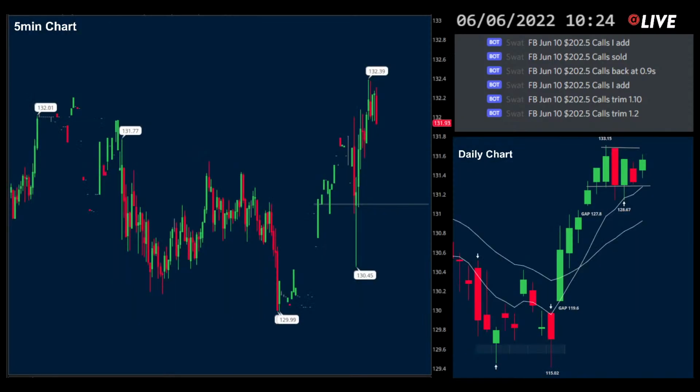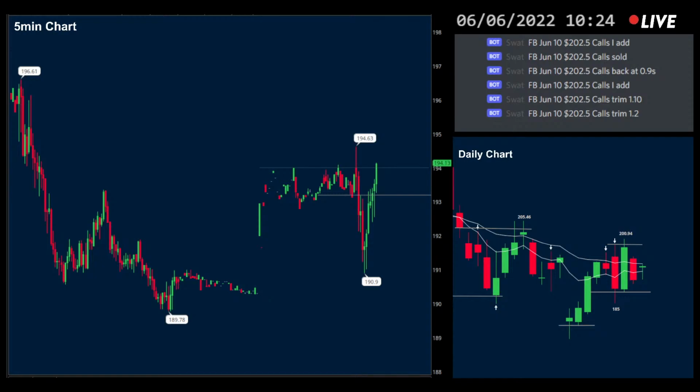JP Morgan stalled. Facebook, guys, Facebook going. Here we go. We need above 195 on Facebook.